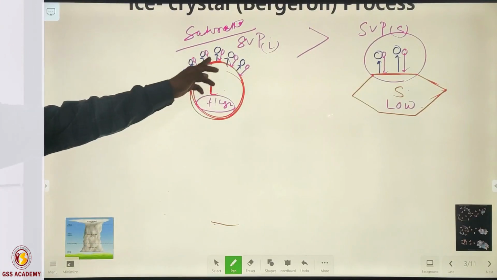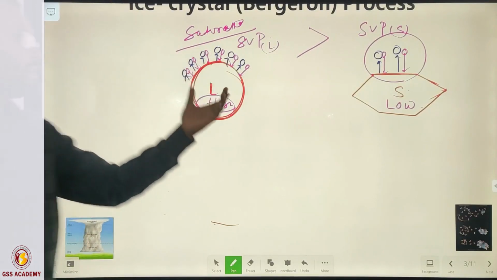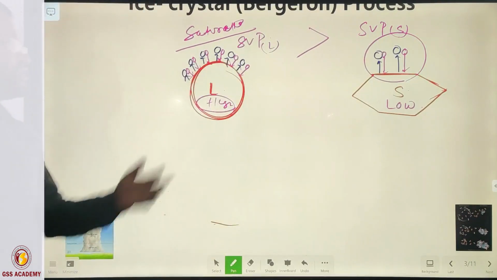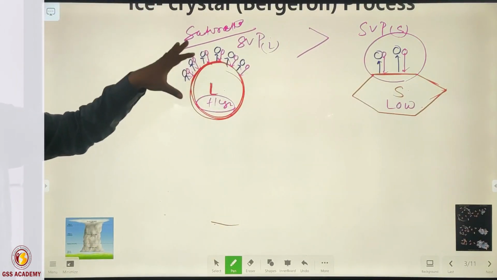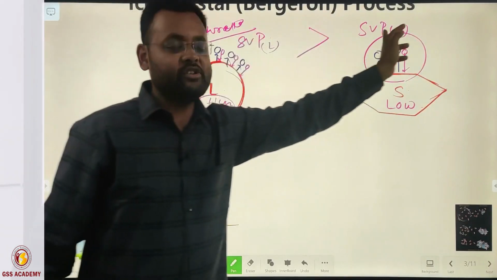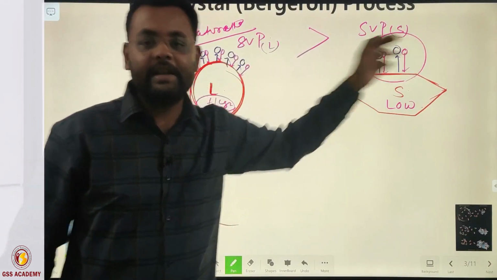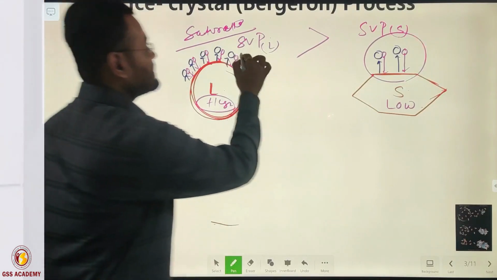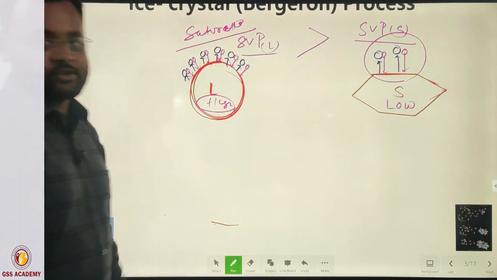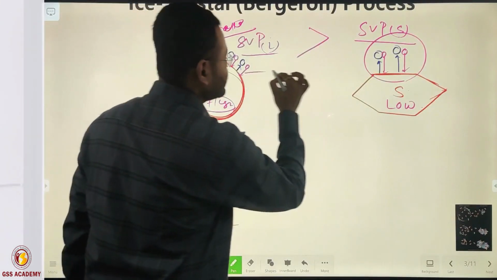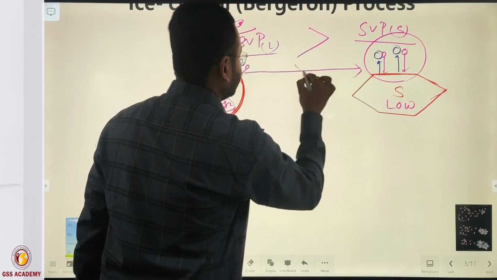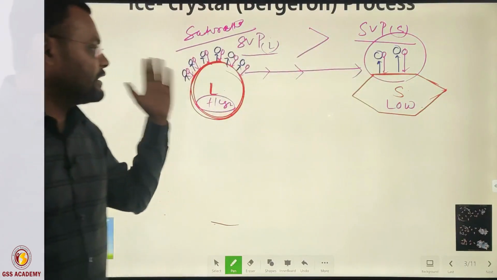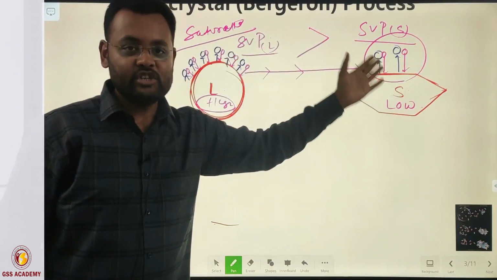Due to the greater number of water vapor molecules directly over this liquid water droplet, the saturation vapor pressure over the liquid water is much higher in comparison to the saturation vapor pressure directly over this ice crystal. And we all know, as there is a difference in pressure, water vapor molecules start to travel from the liquid side to the solid side.